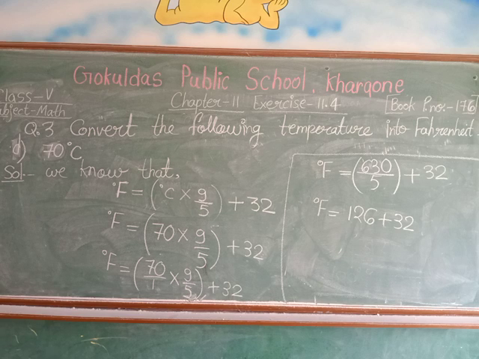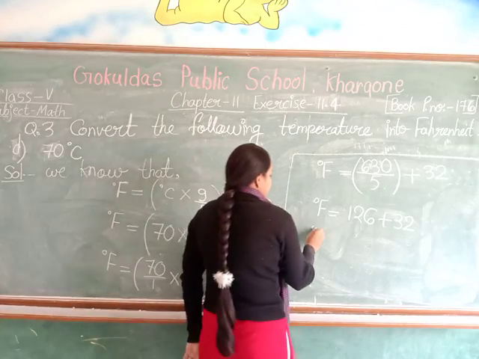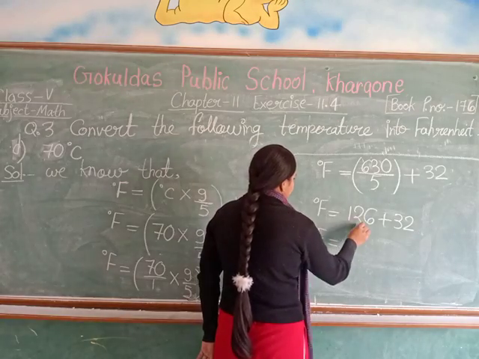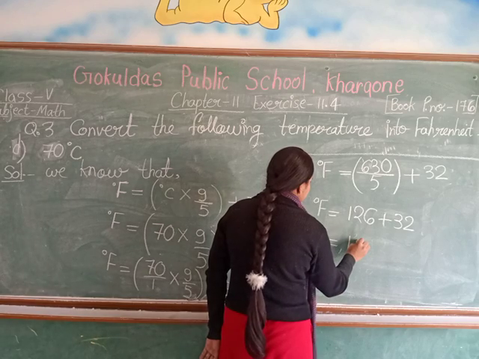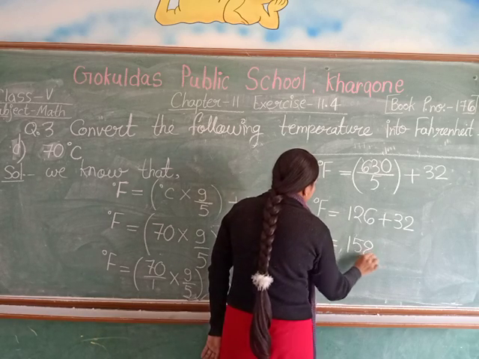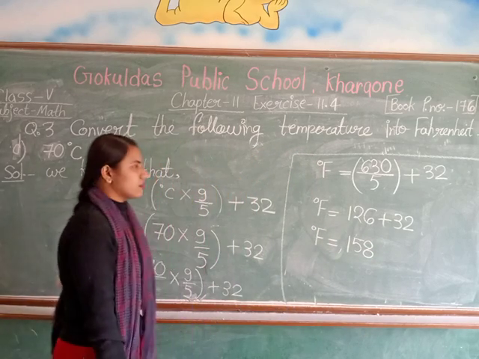Now in the next step, add both the numbers 126 and 32. So degree F is equal to, when I add these numbers, I got 158.